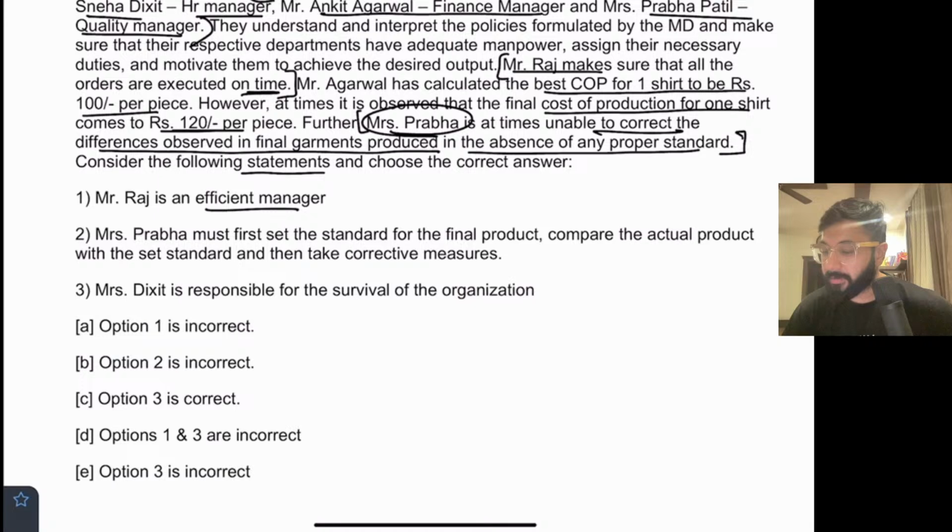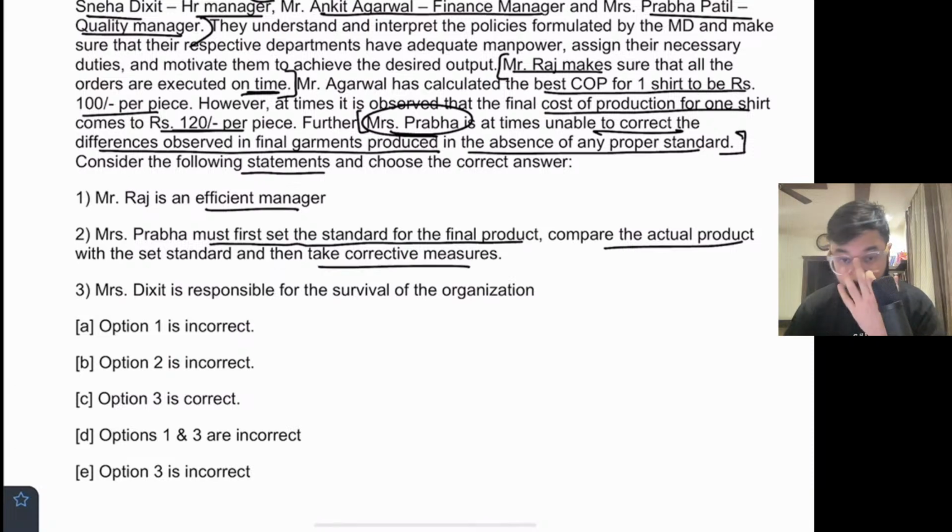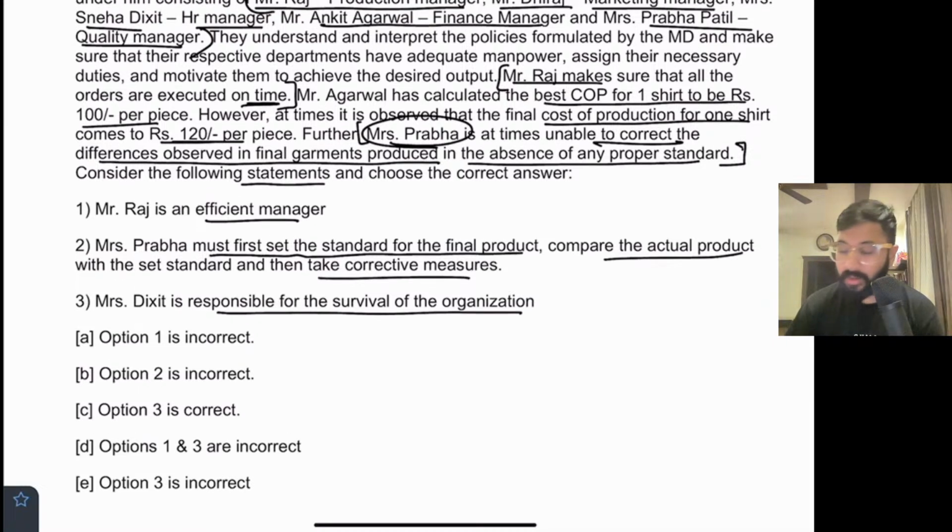Mrs. Prabha must first set a standard for final product, compare the actual product with the standard, and then take corrective measures. Mrs. Dikshit is responsible for survival of the organization. We have to tell which is right and which is wrong.